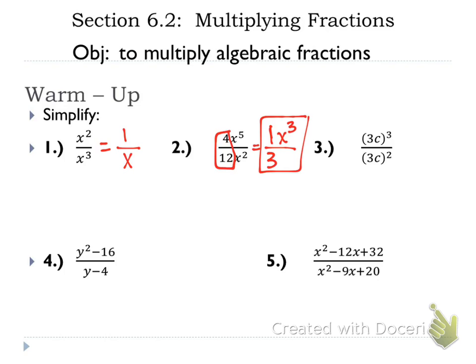On number 3, we have to be careful about how we do this. There's 2 different ways we can do it. One way would be to say, well, they've got the same base, 3c, 3c, both in parentheses. So what could I do with their exponents? We're dividing the same base. What do we do with the exponents?